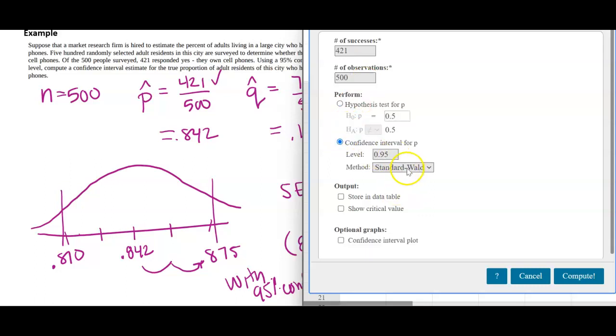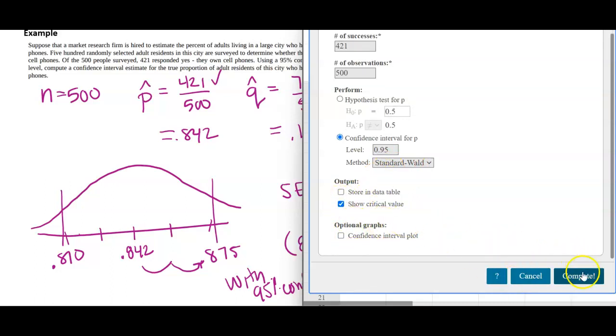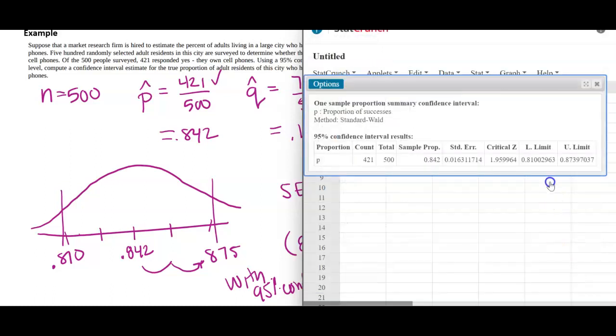This is just our standard method here. Yes, show the critical value. Let's not worry about doing a plot. And you can see our critical value is about 2. It's 1.96. Our standard error calculation is perfect right here. Our proportion is perfect. And our lower bound and upper bound are pretty close to just using plus or minus 2 standard deviations from the mean.